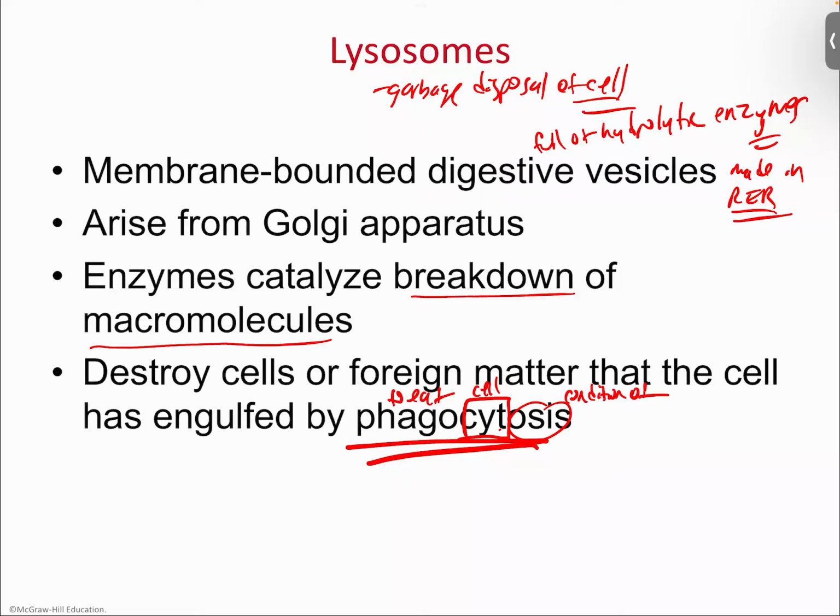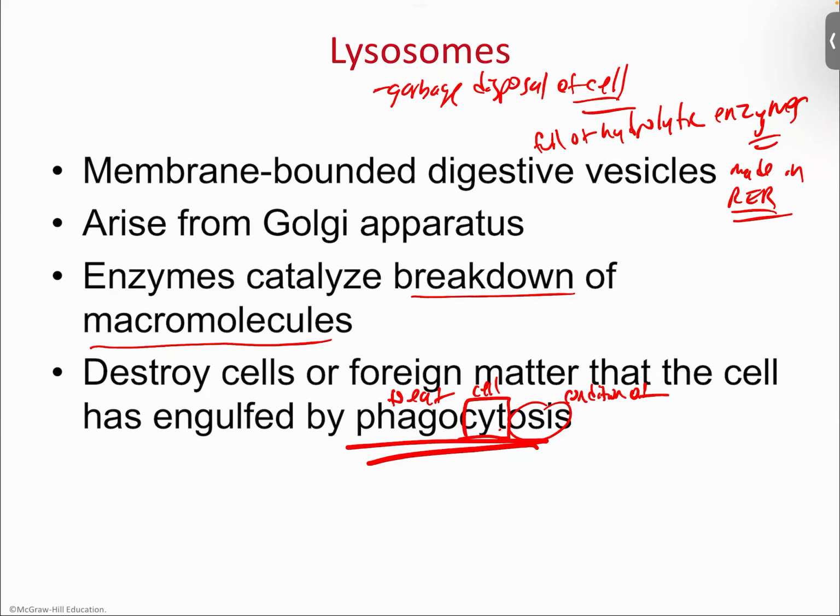So it's the condition of cell eating. Basically, if you fuse your lysosome with anything else, it's going to chop it up. It's going to devour it. It's going to digest it. That's the reason why we said it's the garbage disposal of the cell. The things you want to destroy, the things you want to grind up into nothing, you toss them into a lysosome.